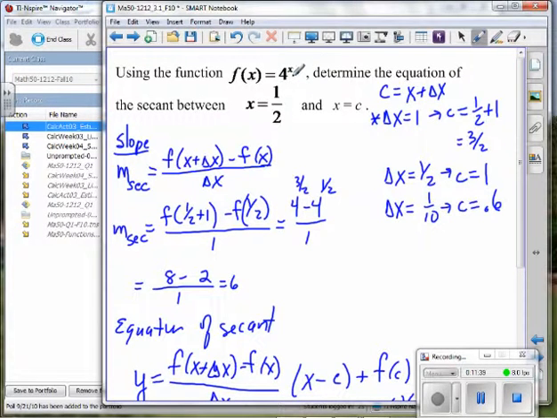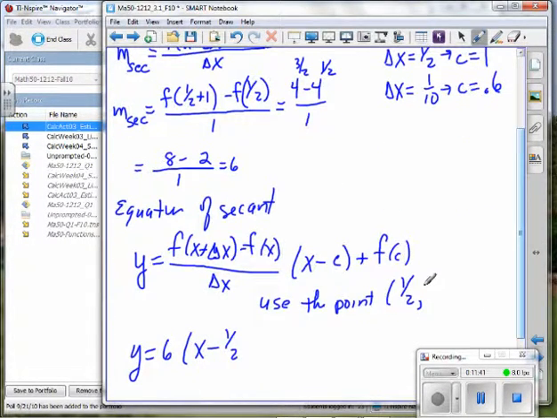If I put 1/2 in there, I get 2. Yeah, let's use that. So, yes, it would be x minus 1/2 plus f of 1/2, which would be 2. The equation of our line is going to be y equals 6x minus 1.